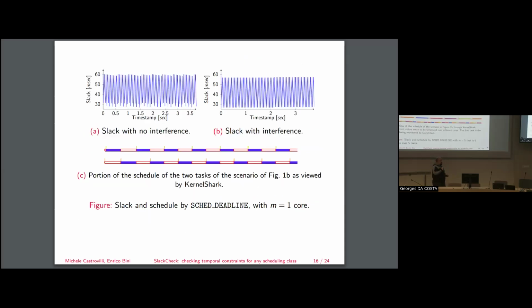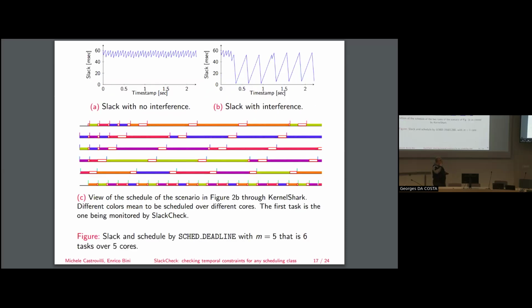This was with m=1, so I'm just running with one core, and this was with 5 cores. So I'm doing 6 tasks, and it's nice to see that the last task is the one that gets a bit unfortunate, that always keeps having to change processor, basically.